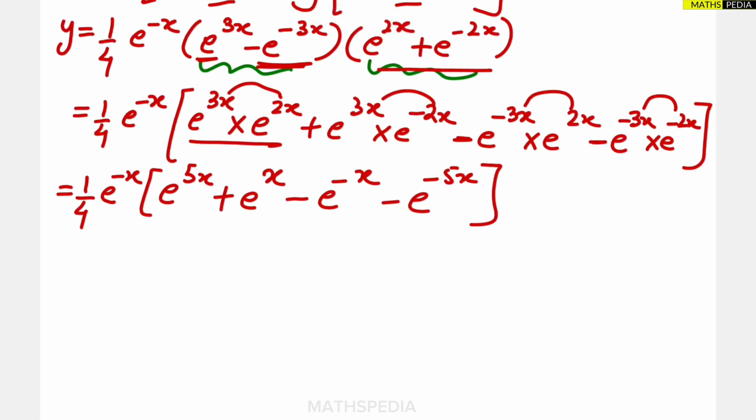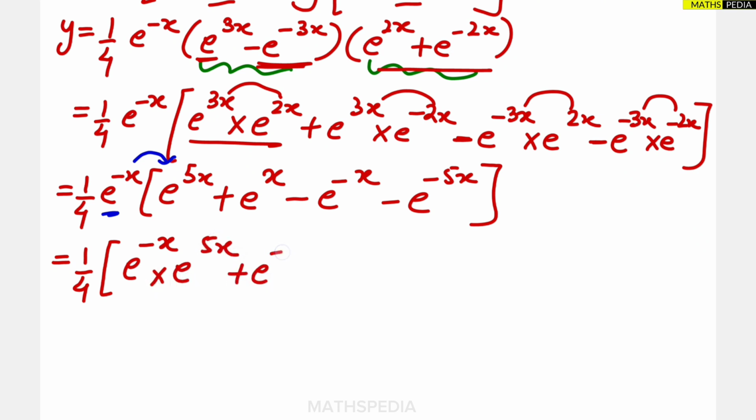Next, e power minus x is left outside, we have to take it inside. So multiply again. E power minus x I will multiply with e power 5x, plus e power minus x multiplied with the second element, plus e power minus x multiplied with the third element. Be careful with the minus sign.